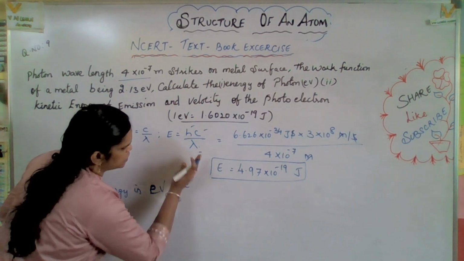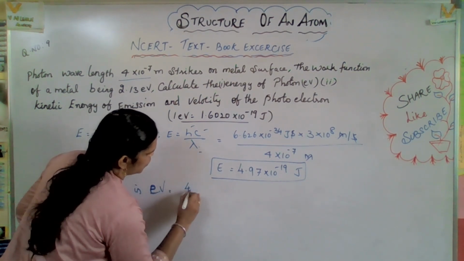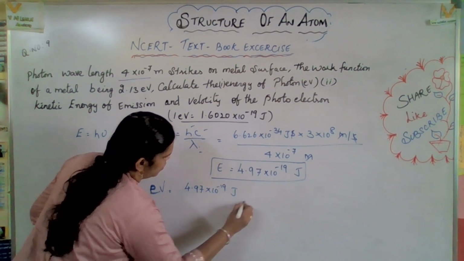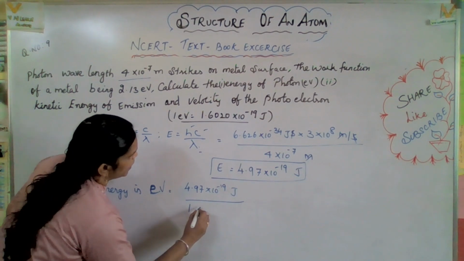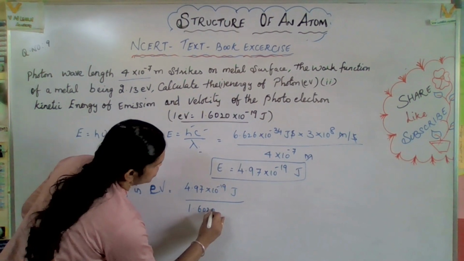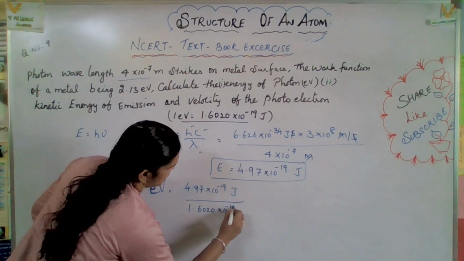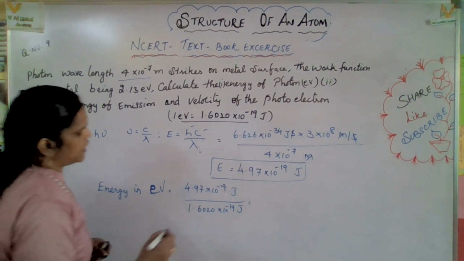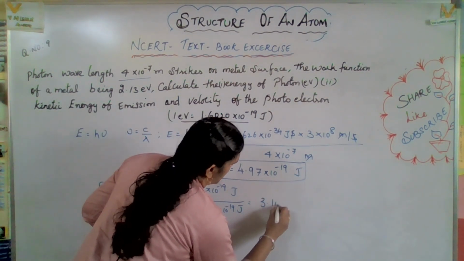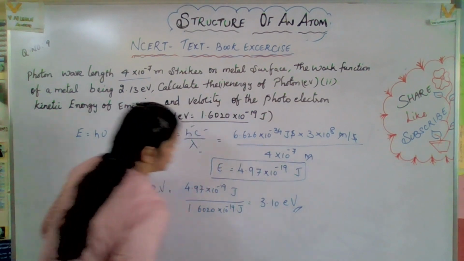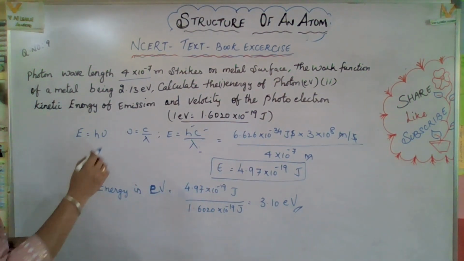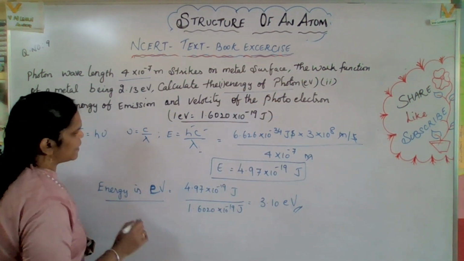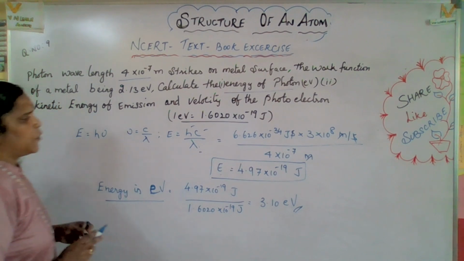The E value is 4.97 into 10 to the power of minus 19 joule, divided by 1.6020 into 10 to the power of minus 19 joule. The value you will get is 3.10 electron volt. So this is the energy of the photon in electron volt. Hope you got a clear idea.